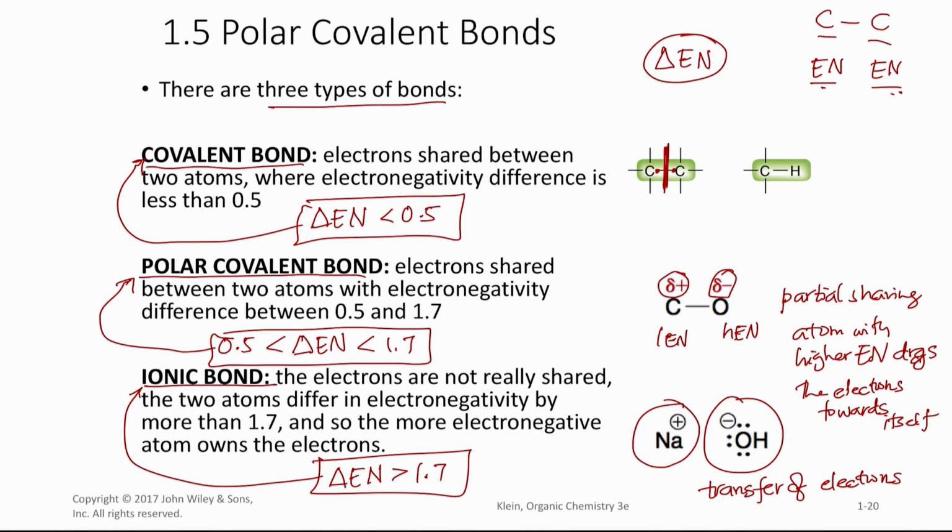So the one with the higher electronegativity gets a partial negative charge, and the one with the lower electronegativity gets a partial positive charge. These types of bonds are called polar covalent bonds.